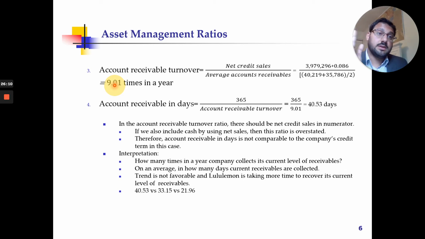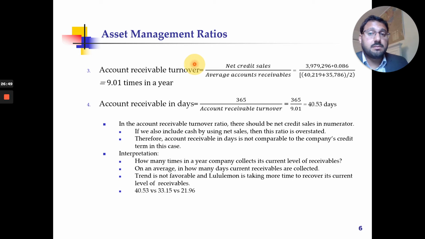But prior to that, in the 2017 fiscal year, remember this is the 2019 fiscal year, the account receivable turnover was 16 times, meaning they were able to collect their current level of receivables 16 times in a year from the customers to whom they are selling their product on credit terms. And this is simply showing that the percentage by which the account receivable is increasing is much more compared to the percentage by which the net credit sales are increasing.